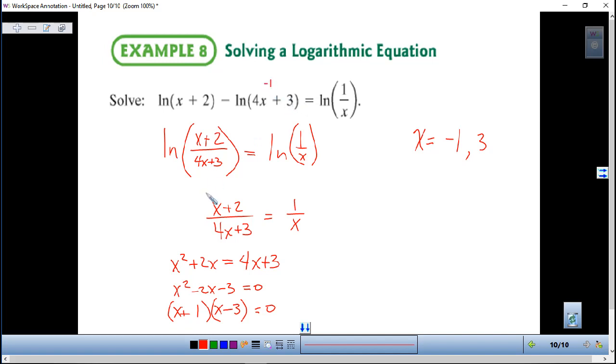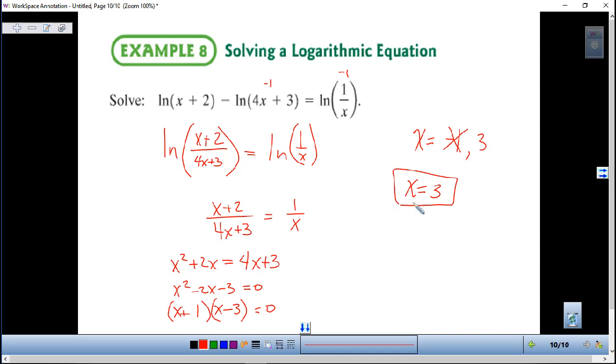That would give me a -1 right there, plus 1 divided by -1 is going to give me a -1 also. So I can't take the log of a negative, and this -1 gives me two negatives in log expressions. The 3 plus 2 is 5. 12 plus 3 is 15, and 1/3, so we're okay on that one. So the only solution we have is x equals 3.